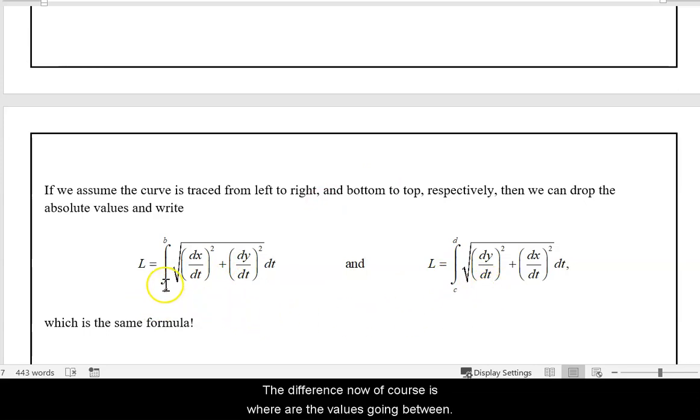The difference now, of course, is where the values are going between. We have lost the sense of the meaning of the A, the B, the C, and the D. However, we've proved that it doesn't matter whether you started with the formula with respect to x or the formula with respect to y. They both lead to the same arc length formula in parametric form.